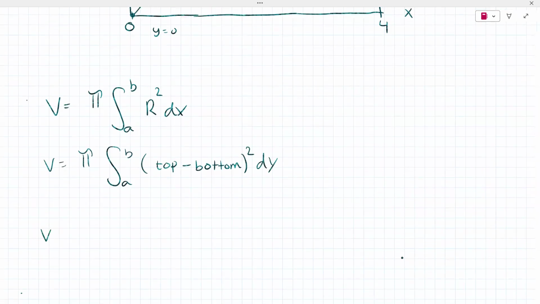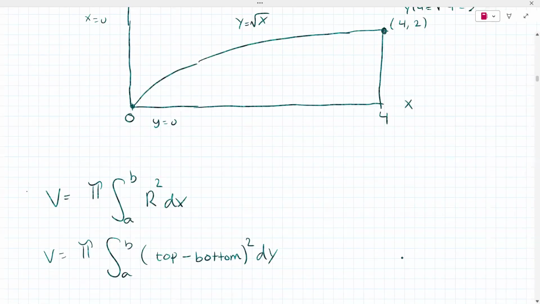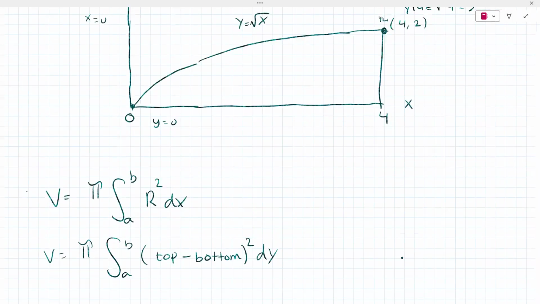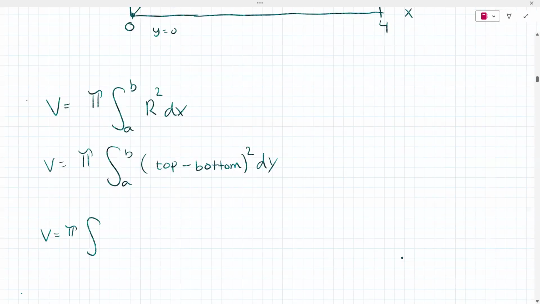So it's going to be volume equals pi, and then the integral. So what is our a to b? We're going across about the x-axis. So this is your vertical axis, right? I think we're going to go from this point, from 0 to 4. So our a is 0 and my b is 4, right?